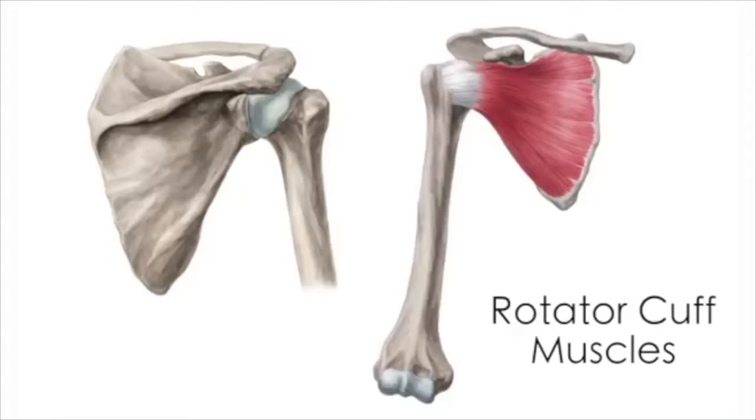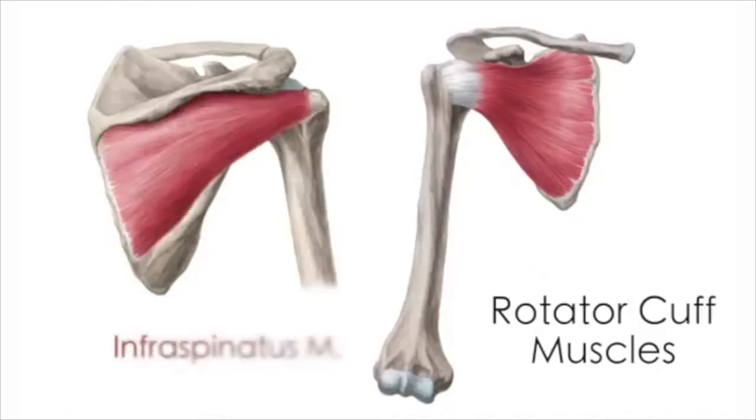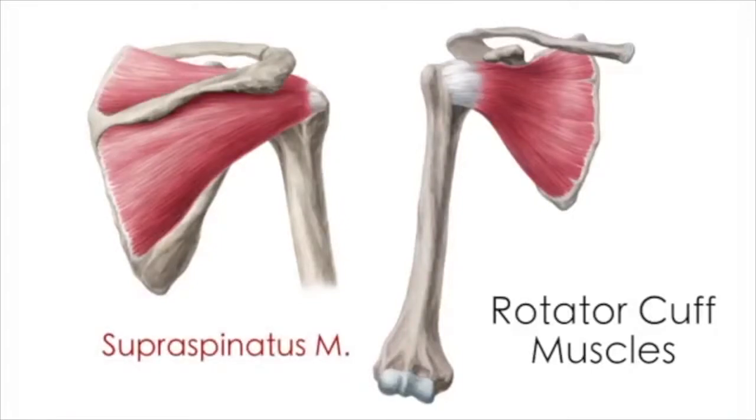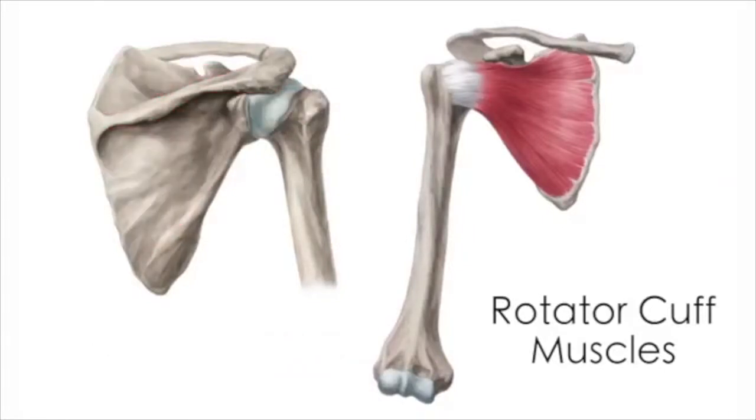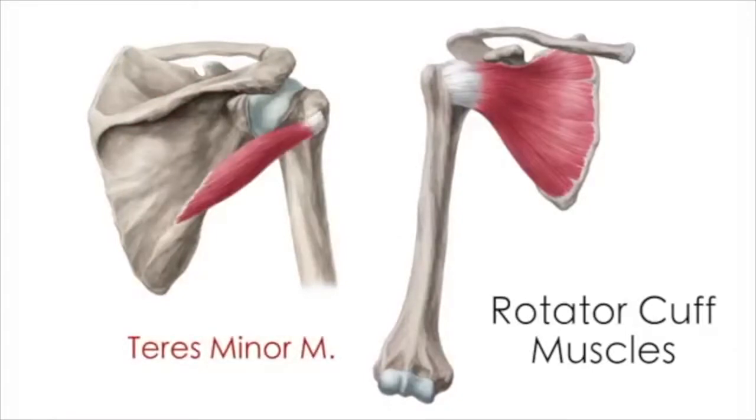The other 3, you can find them on the posterior view, and these are the infraspinatus, as you can see here, and the supraspinatus, and I'm going to clear these 2 so you can see the other one, which is the teres minor.